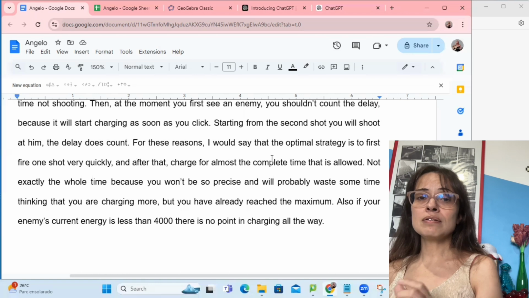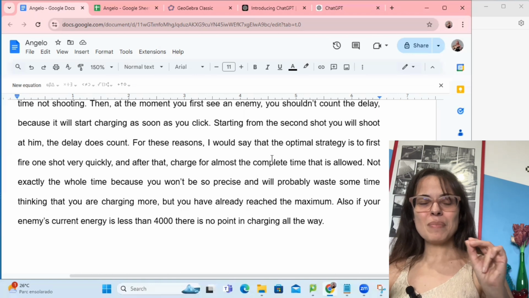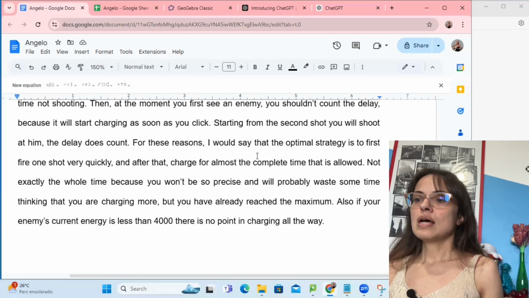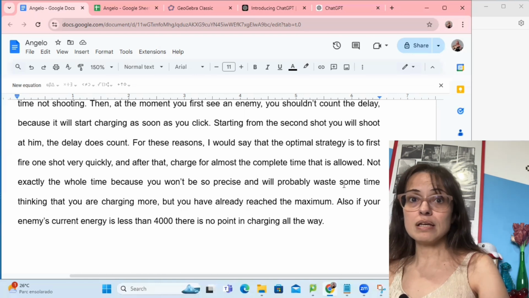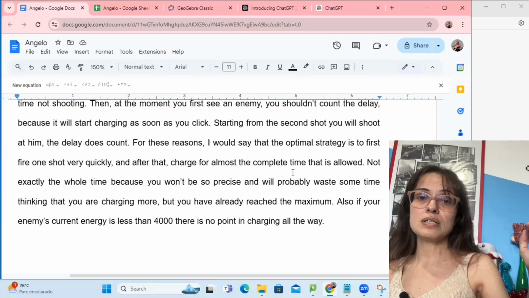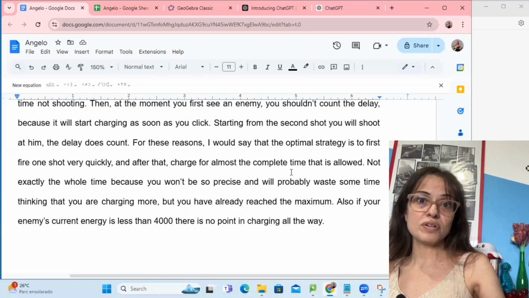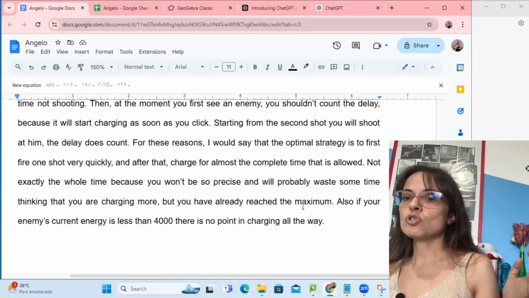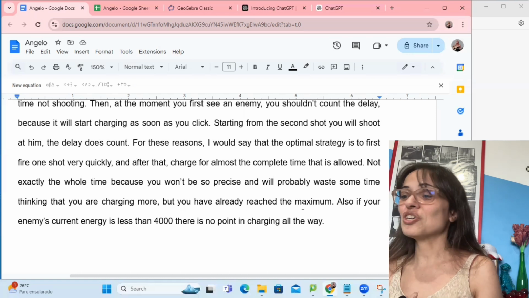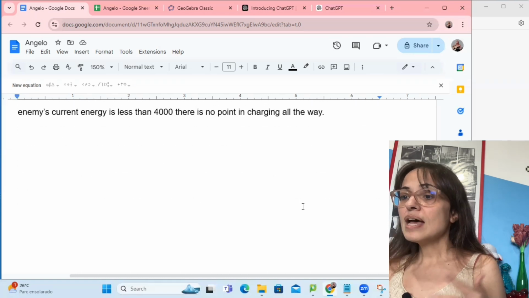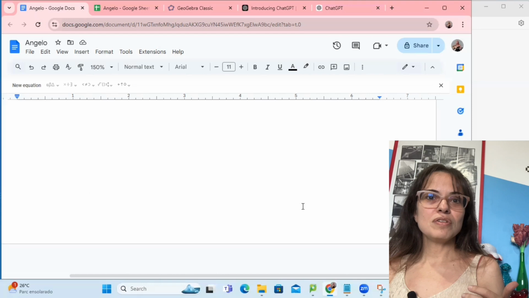Don't exactly try to hold on for the maximum amount, because you won't be so precise and you'll probably waste some time after you reach that limit that it doesn't do more damage than this. So also if your enemy's current energy is less than 4,000, then there's no point charging more. But anyway, that is the end. That is the end of the IA.